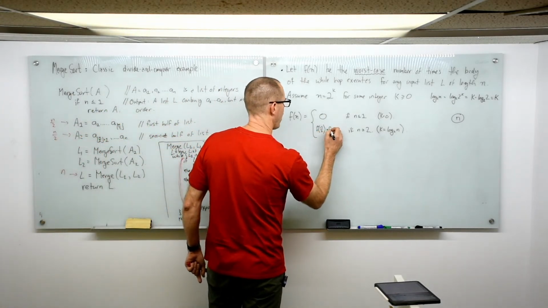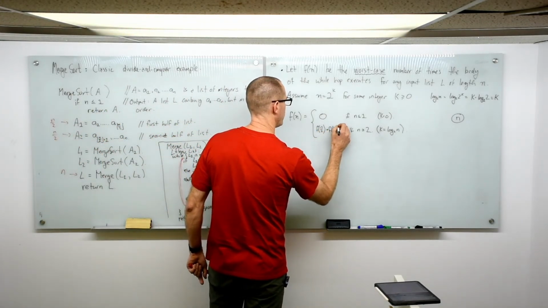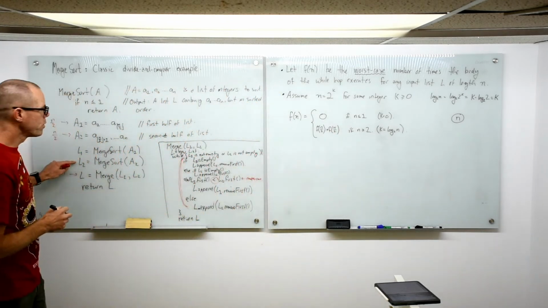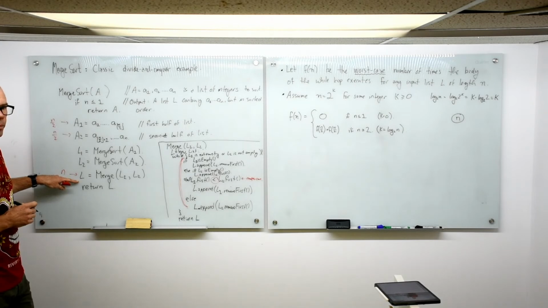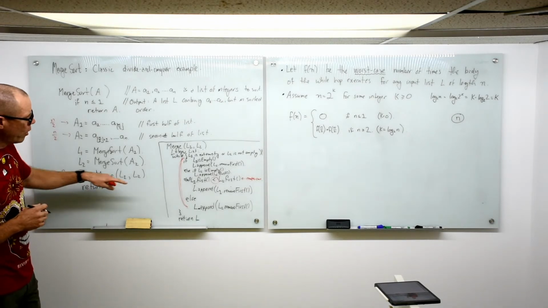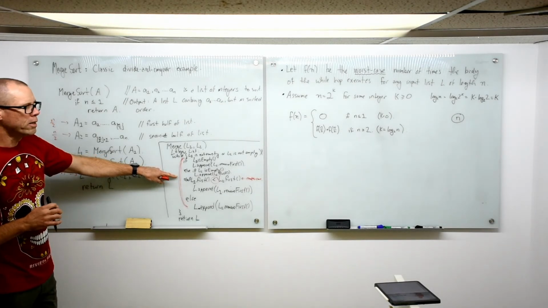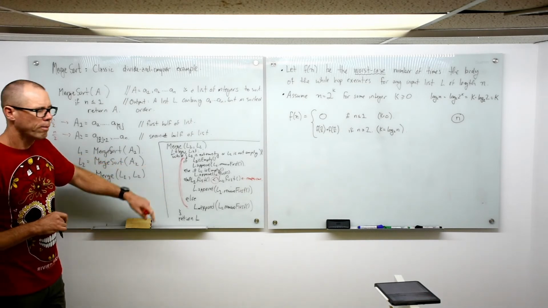We're going to have an f of n over 2 for sorting L2. And then we call merge, and we know what merge does: this while loop executes n times.